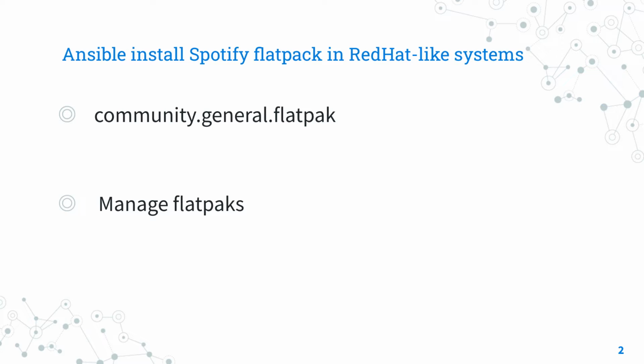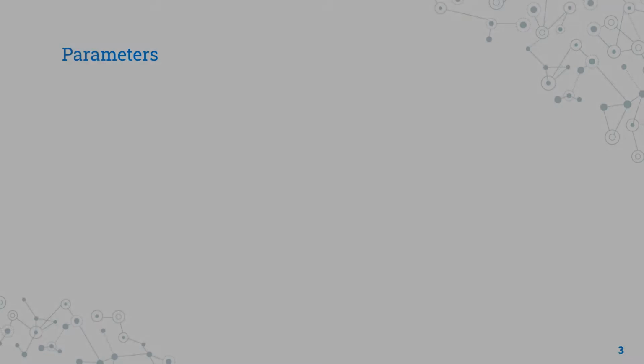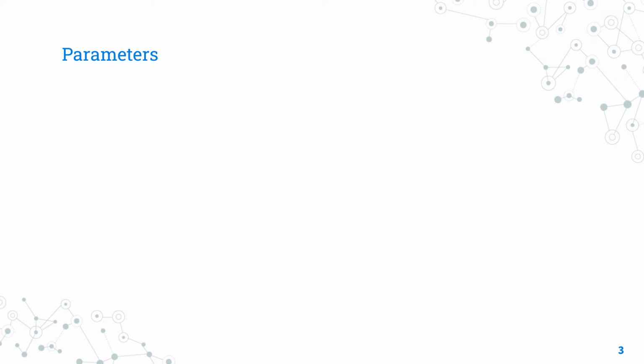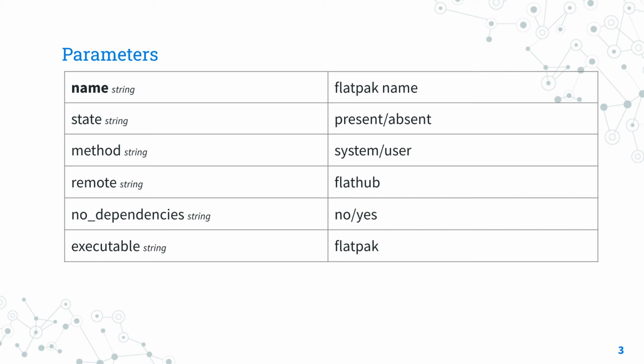If you don't know about Flatpak technology, you must add this to your toolkit, because there are a lot of situations where it could be very useful. Let me summarize the parameters of the Flatpak module. The only required one is name, where you specify the Flatpak name to install or remove.